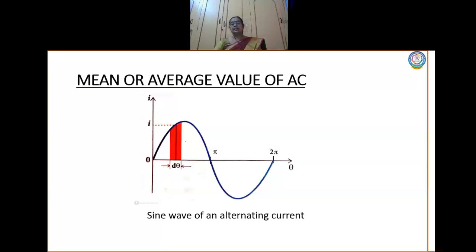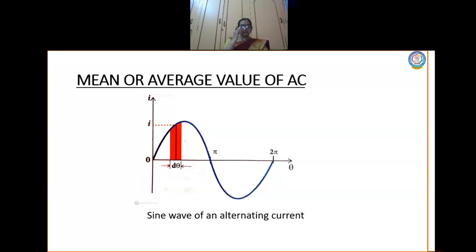So how to calculate the average value of AC, because as far as an alternating current is concerned, it changes its direction for every half cycle. So how to calculate the magnitude of current? So first we are going to talk about mean or average value of AC.